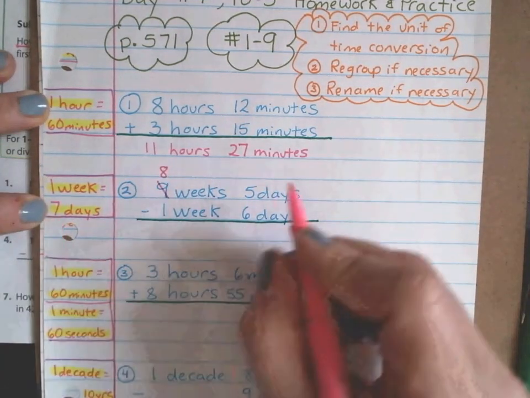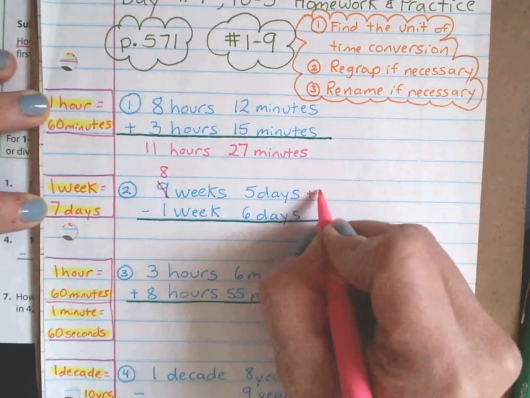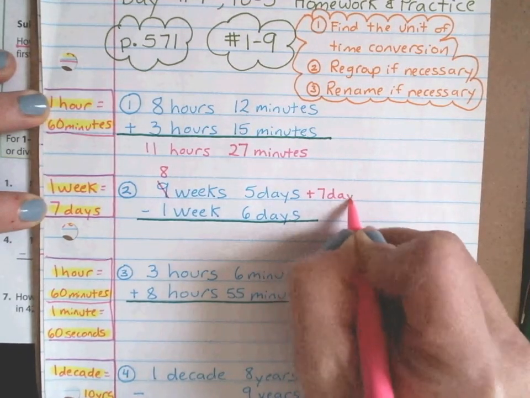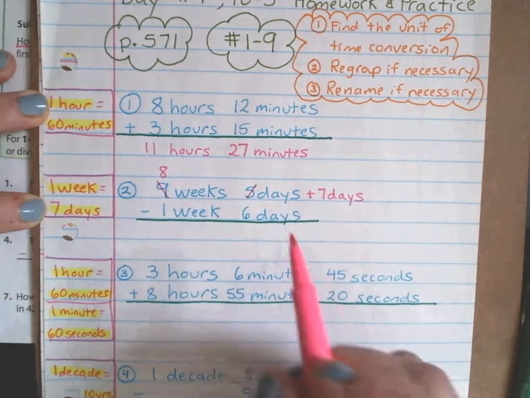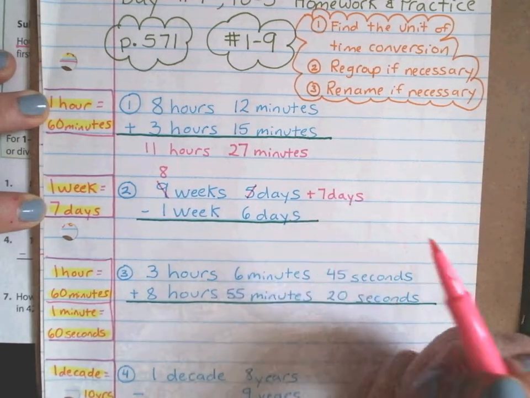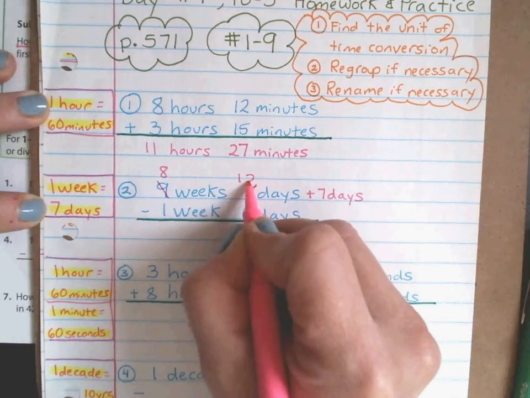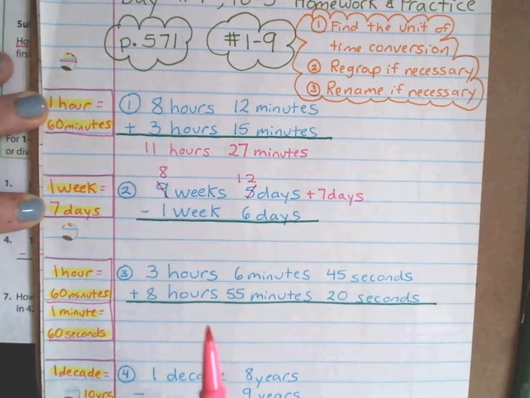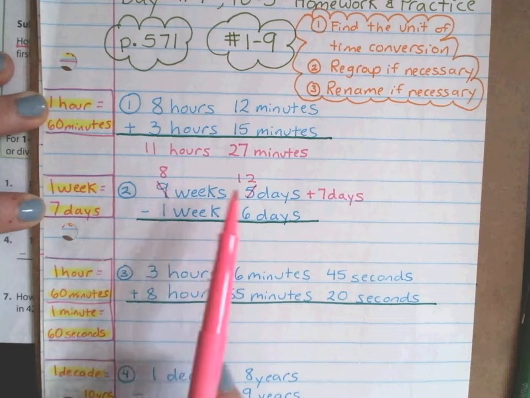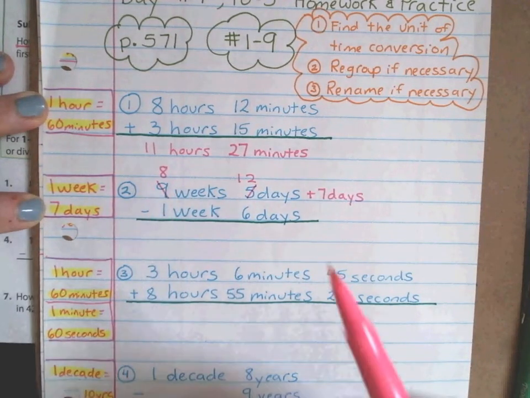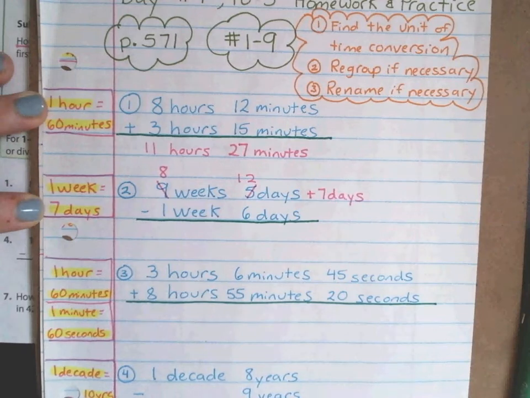So now I'm left with 8 weeks, and I'm going to rename that as 7 days plus 7 days. So my new top number will be 5 plus 7, which is 12. So now I renamed 9 weeks and 5 days as 8 weeks and 12 days.